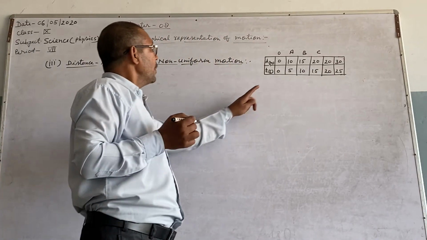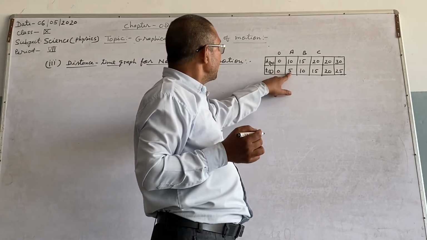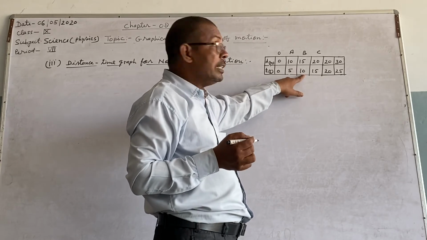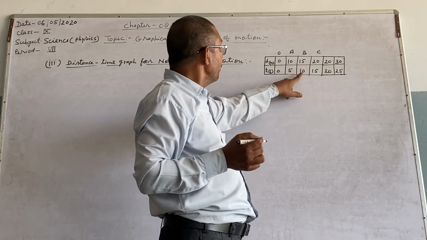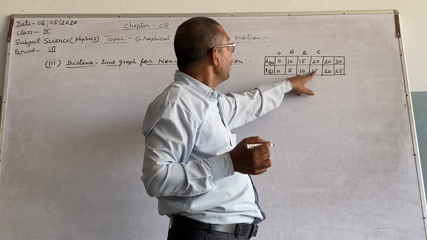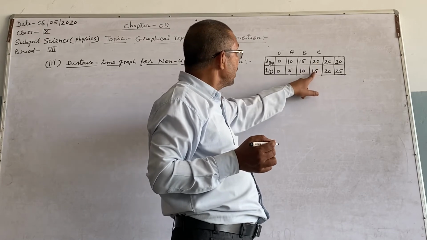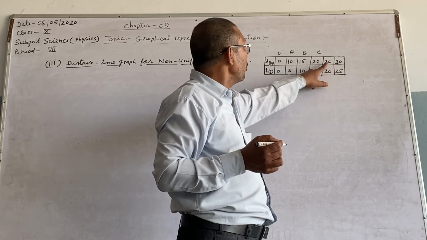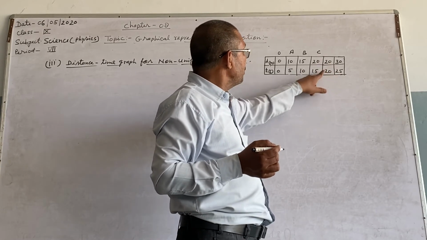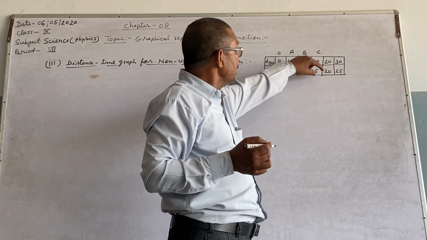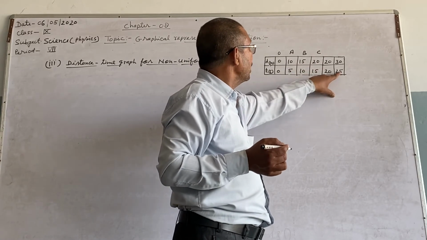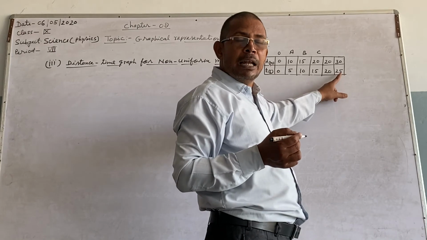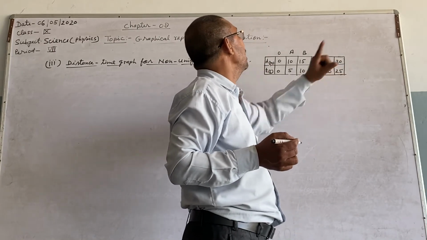Here you see in first 5 seconds distance covered is 10 meter, and in next 5 seconds distance covered is 5 meter, and in next 5 distance covered is again 5, but in next 5 distance covered is 20 only, 20 and 20, and here the object is somewhat in state of rest between these 2 points, and in last 5 seconds distance covered is 10 meter.